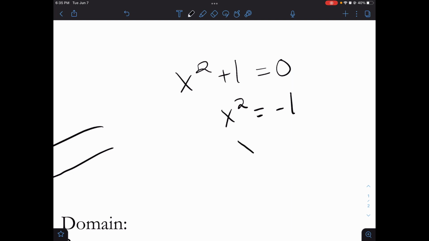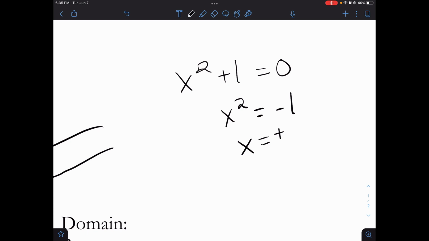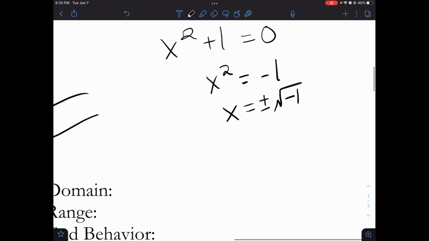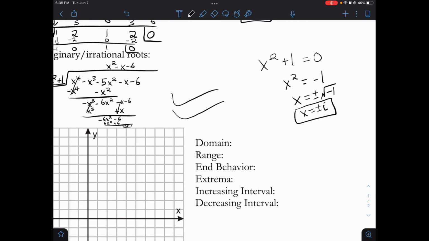So x is equal to the positive and the negative square root of -1, or as we know, the square root of -1 is just positive or negative i. So that is our actual imaginary root.